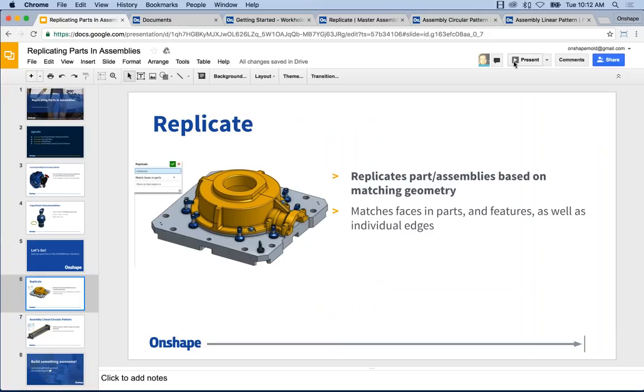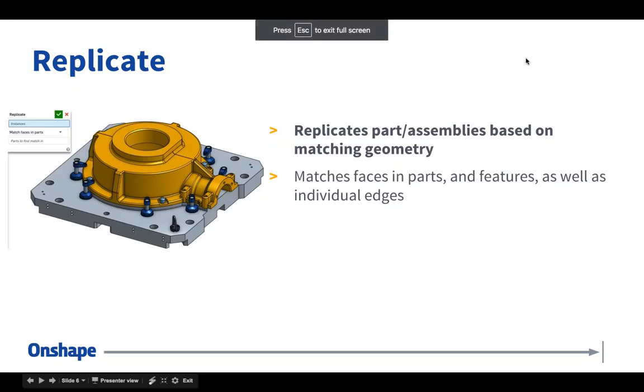Now, replicate, as the name implies, allows you to replicate parts or assemblies based on matching, surrounding geometry. What it does is essentially look for geometry that's similar to the mated pieces and automatically replicate parts to that similar geometry. So here I've got a simple example where I've got these work holding clamps. These are subassembly clamps that are holding down this part.